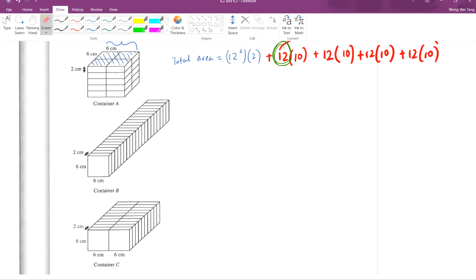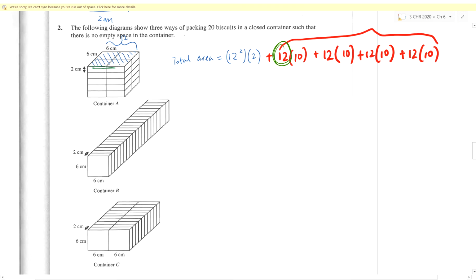Remember, that's the first one that we started off with. This particular 12. Then the next 12 came from here. The next 12 at the back. And the next 12. What I've just outlined is actually the perimeter. It is the perimeter. 12 plus 12 plus 12 plus 12, 4 times.